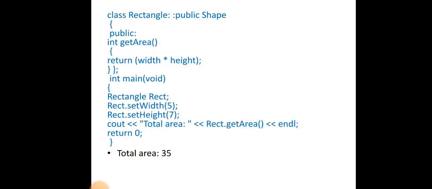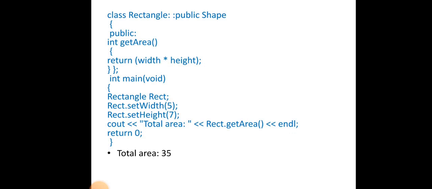There is another class called Rectangle. This is the child class or derived class. We are going to inherit data from the parent class or base class, which is Shape. Now we are going to use the scope resolution operator for deriving data from the base class.